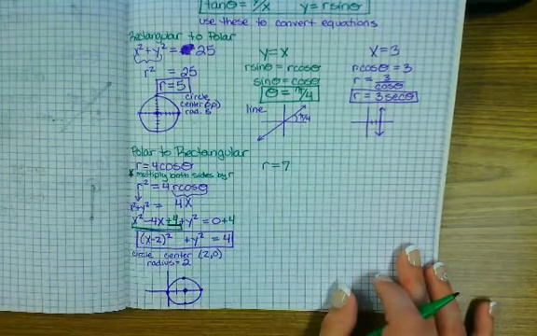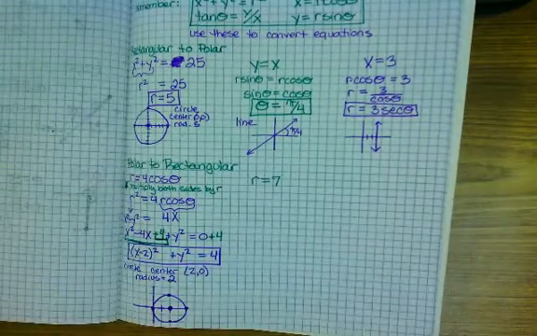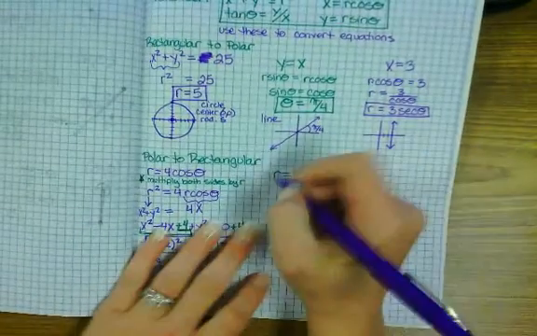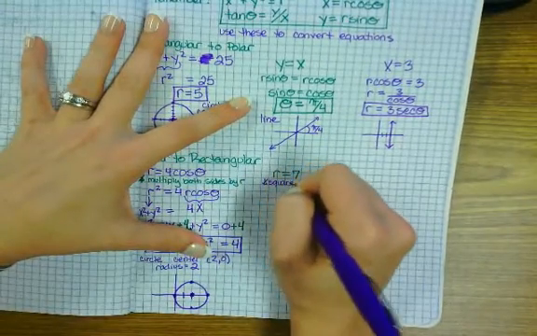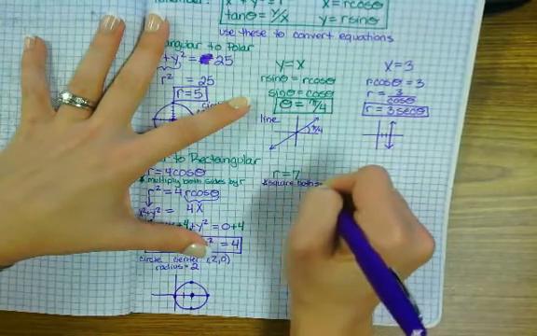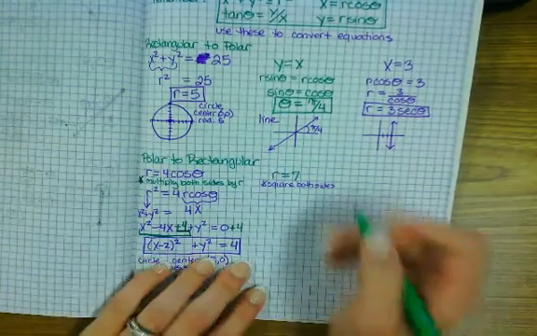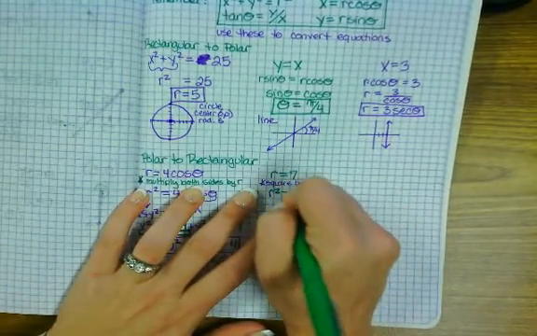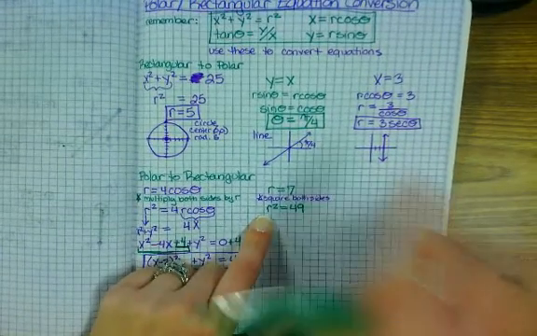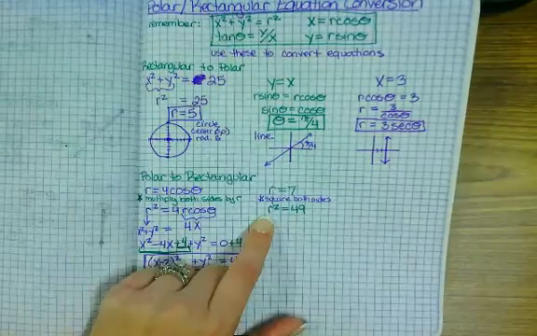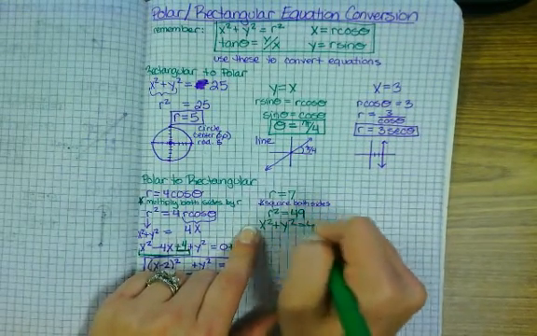And how can we get the rectangular equation for that? Yeah, exactly. We're going to square both sides. Square both sides this time so that I have r squared equals 49. And then I can turn my r squared into what? X squared plus y squared equals 49.